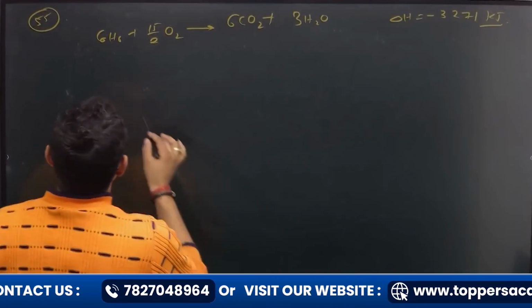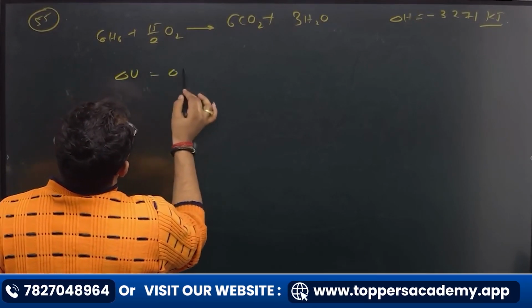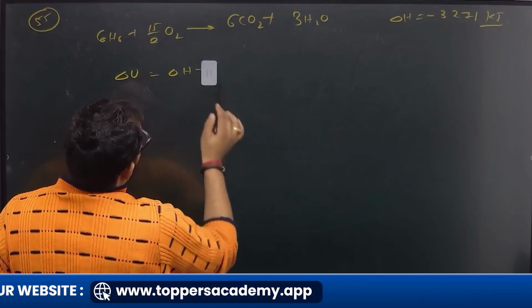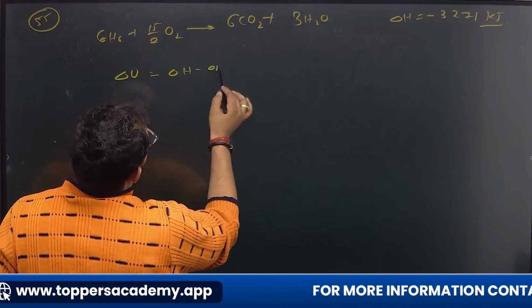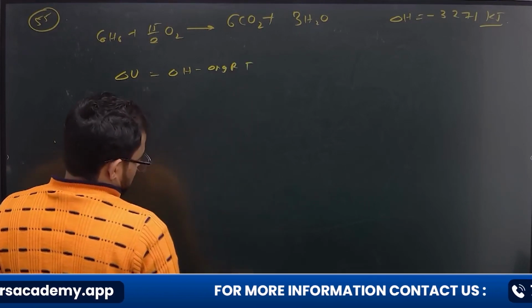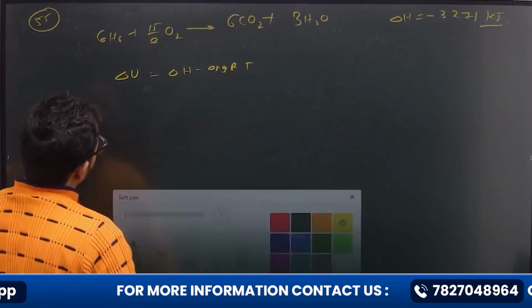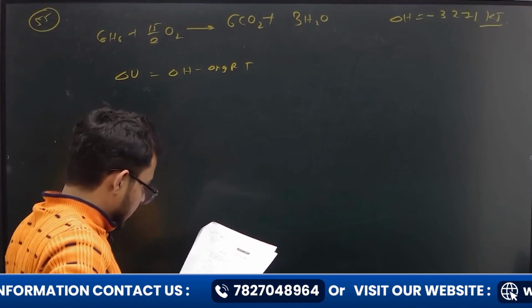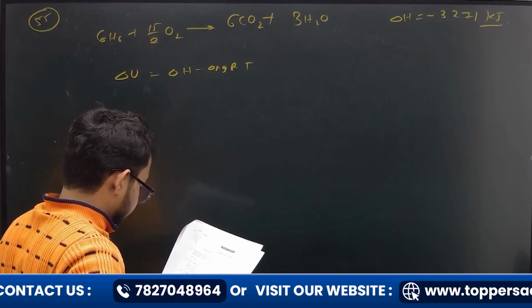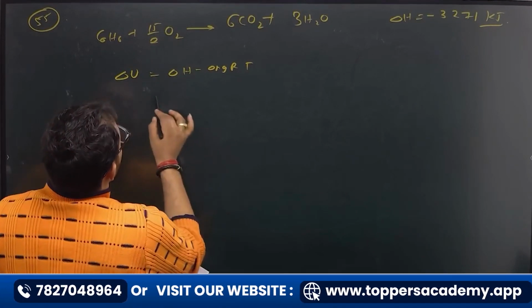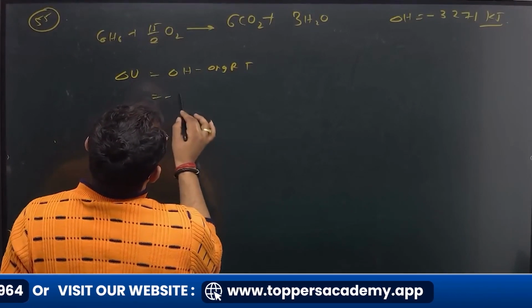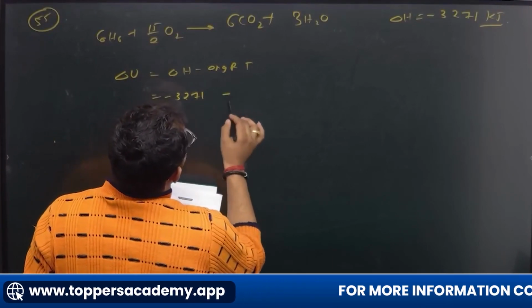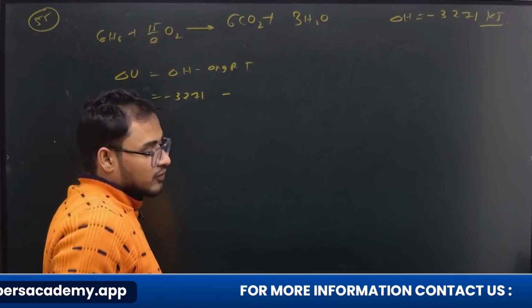Delta U is equal to delta H minus delta nG RT. Delta H is minus 3271 kilojoule. Minus delta nG, the change in the number of gaseous moles.